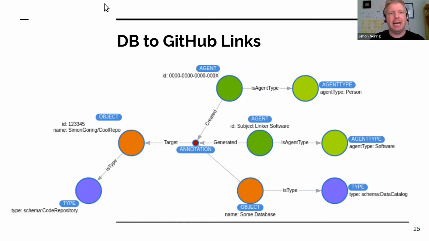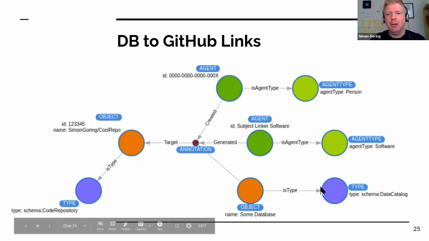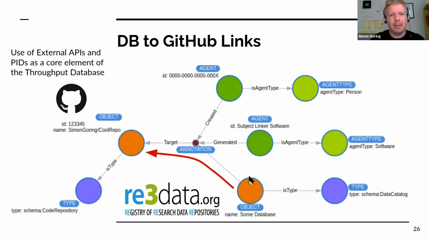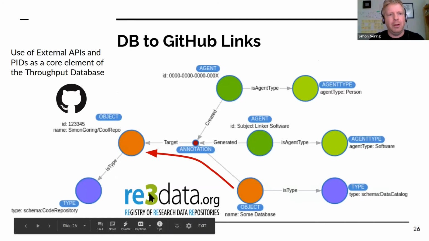And so basically we get these kinds of annotations, which would show that some database here that is of a type schema data catalog is linked to my Simon Goring cool repository that is a code repository.